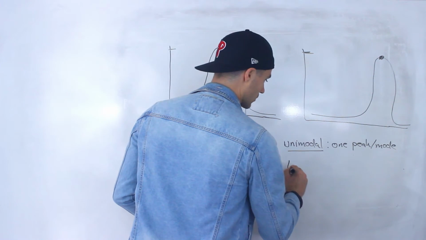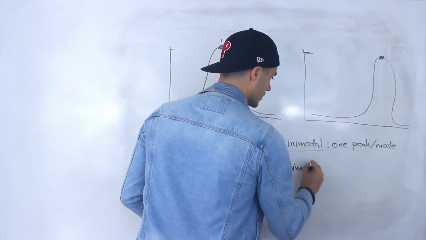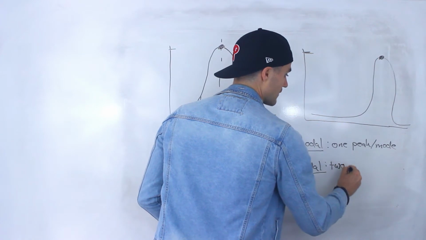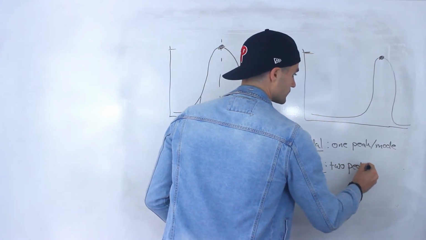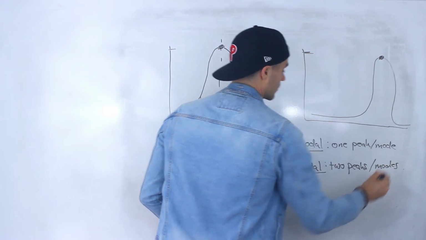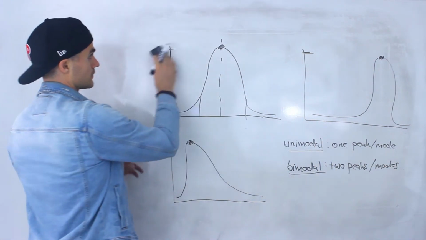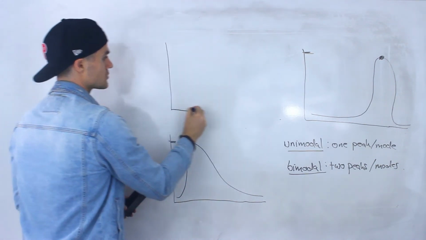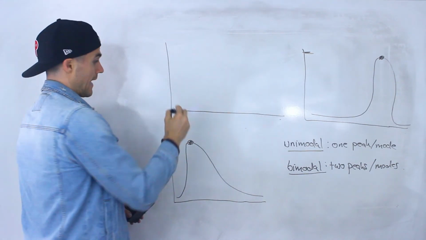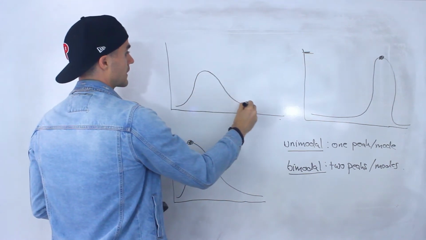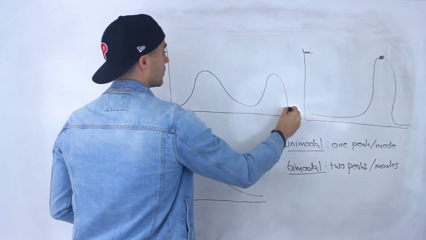There's also something called a bimodal distribution, and that's when there are two peaks. So we haven't covered that yet. Two peaks or two modes. And so the way that would look, let me erase this one here, is if you have a distribution and it has maybe one peak here, comes back down, then it has another peak over here.